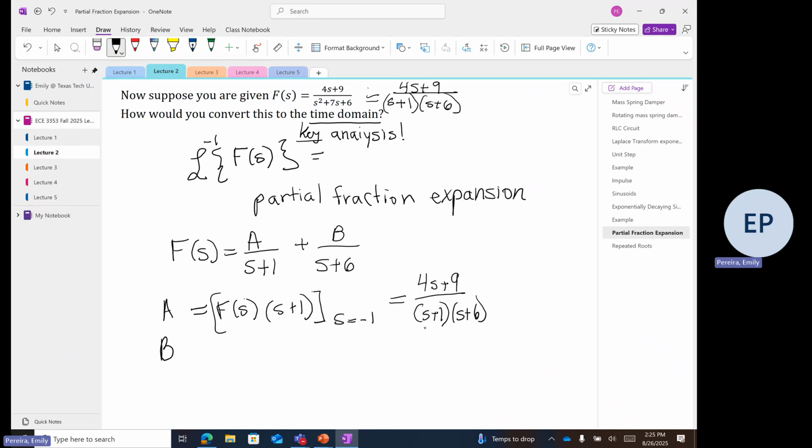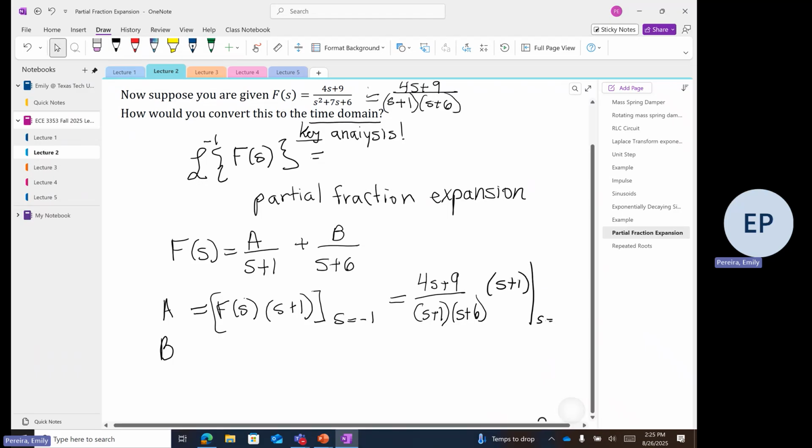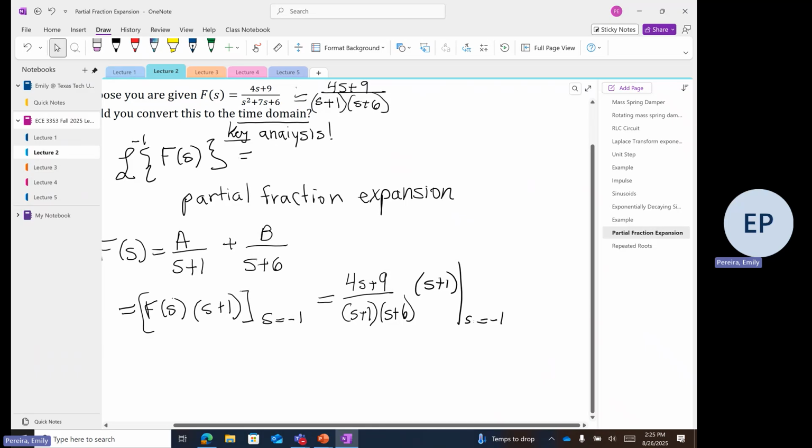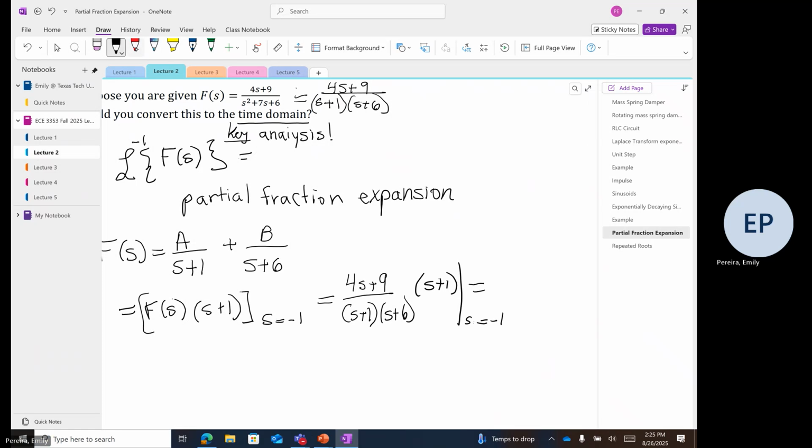This is our F(s). Then we multiply it by (s + 1) and substitute in s equal to negative 1.